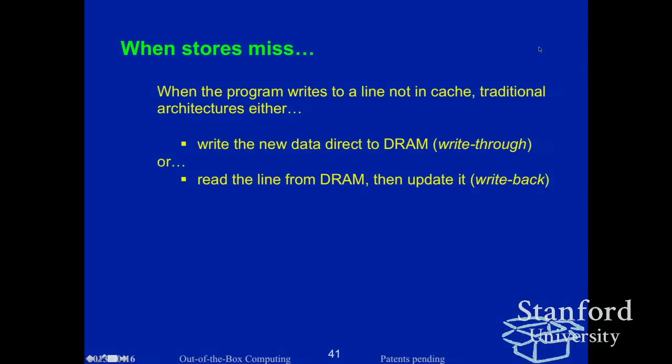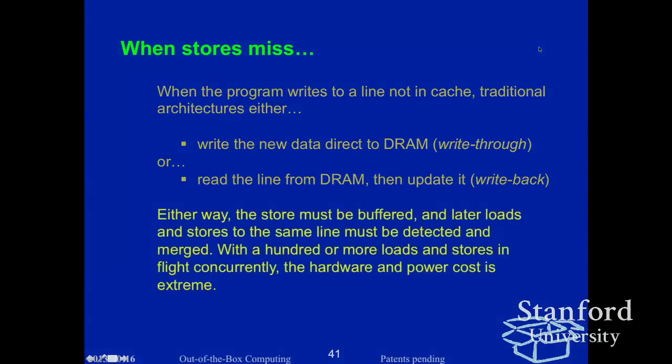This is called write back. Either way, that store has to be buffered. It occupies memory traffic and bandwidth, and it's a fair amount of arm waving and power cost within the logic to handle it. Not on a Mill.